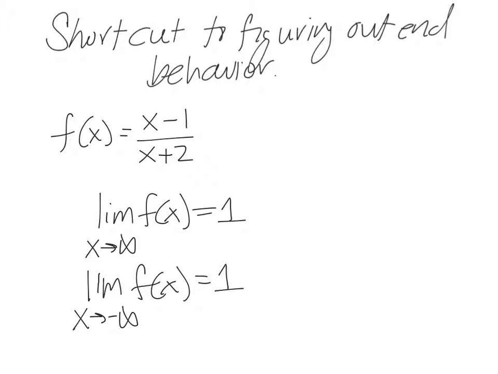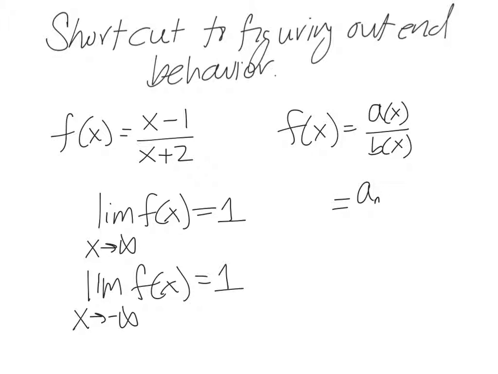But the rule actually depends on the function itself. If we look at the function as a ratio of a of x over b of x, and we see these as a sub n x to the n plus ... plus a sub 1 x plus a sub 0, right?